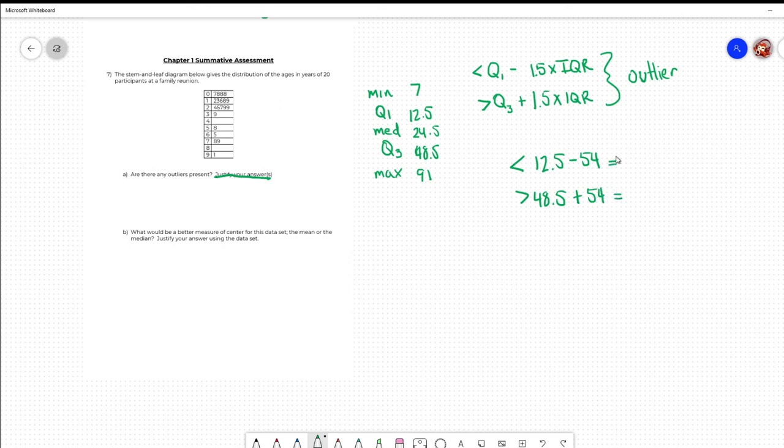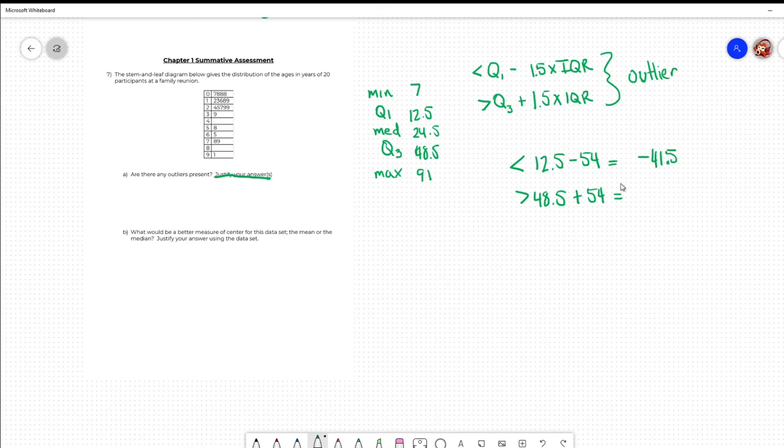So 12.5 minus 54 is negative 41.5. So I'm pretty sure nobody's going to be an outlier on the low end. We would literally have to go backwards in time into the quantum realm to get somebody who has a negative age.